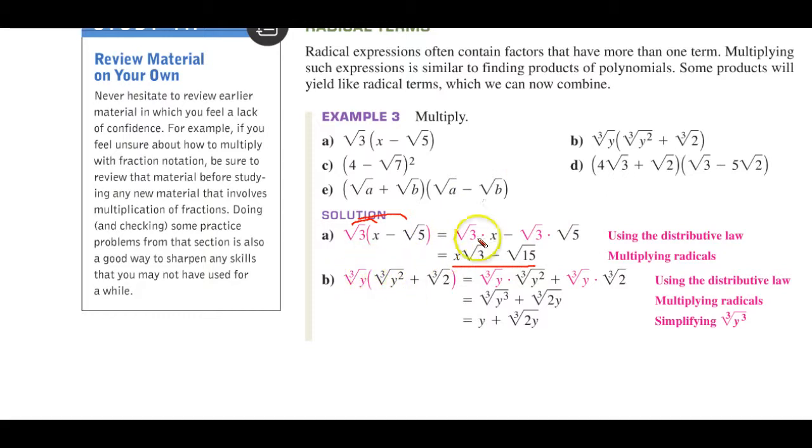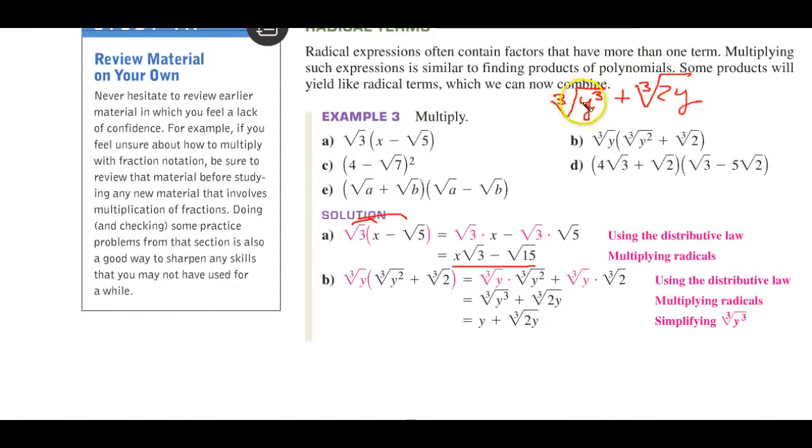In B, and I will write B out here. So there's y to the first, there's y to the third, so we're going to get the cube root of y to the third, which is a perfect third. And we get plus the third root of 2y.